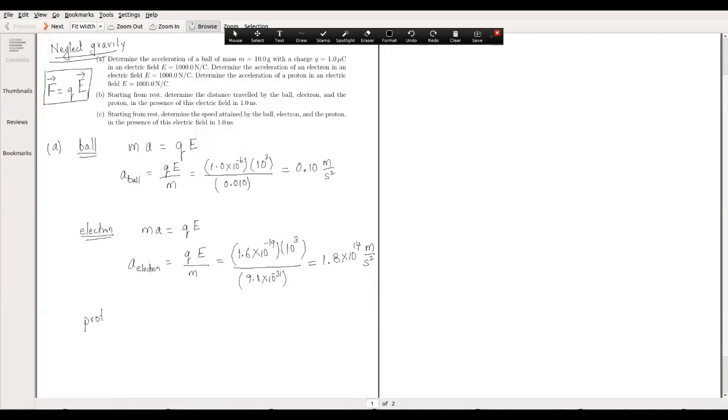The proton is very similar, except the mass is different. So charge times electric field, mass times acceleration of the proton. So the acceleration of the proton now is QE over m. Most things remain the same. 1.6 times 10 raised to minus 19. The charge is the same on both electron and proton, but its mass is now significantly heavier.